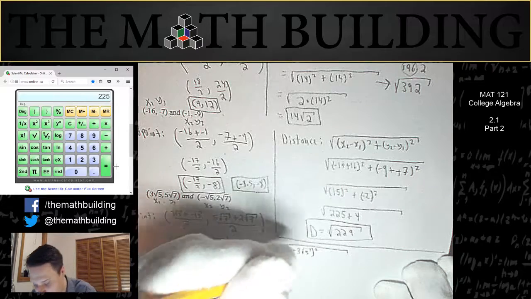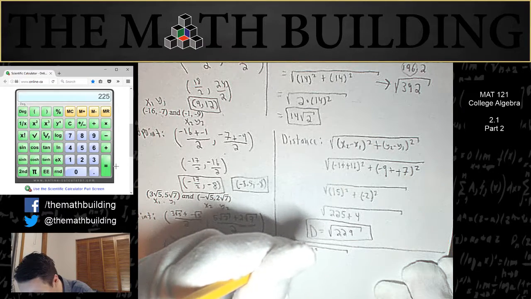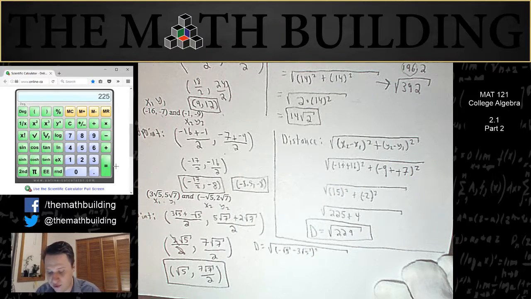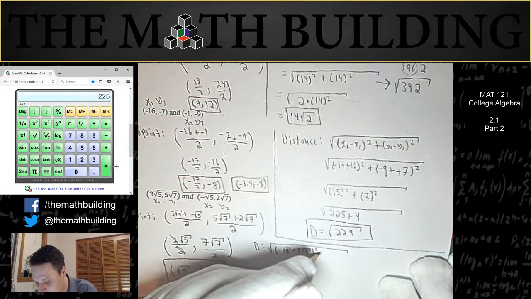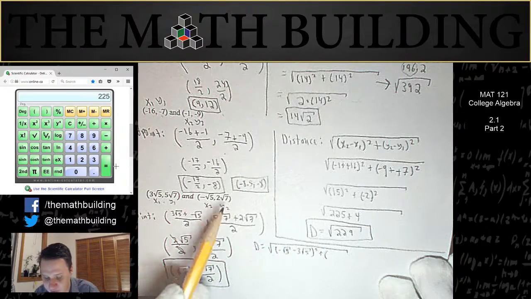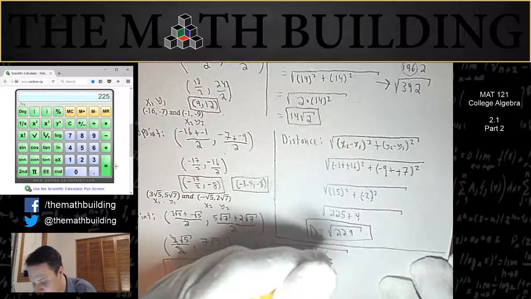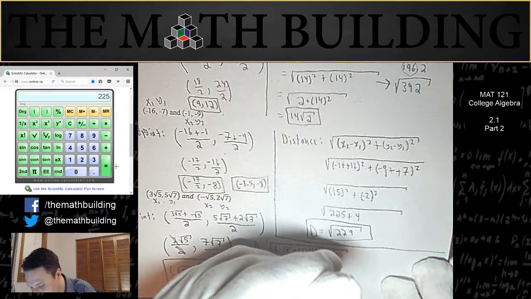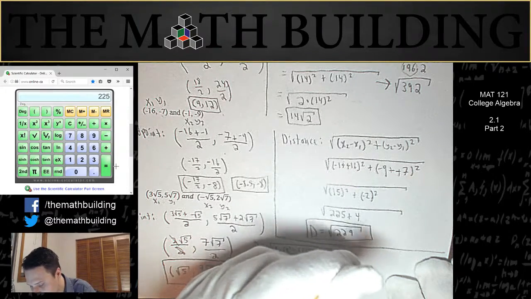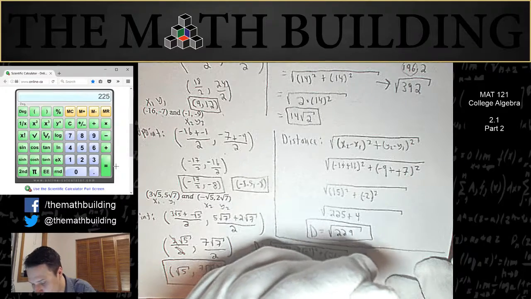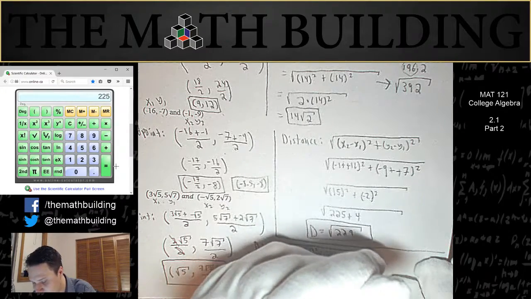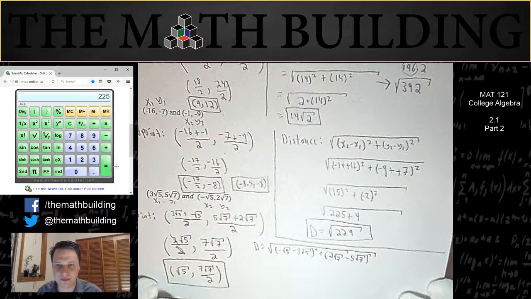That's a little hard to read, I apologize. Negative root 5 minus 3 root 5, quantity squared, plus, and now we do y2 minus y1, 2 root 7 minus 5 root 7, quantity squared. All of that is inside of our square root.